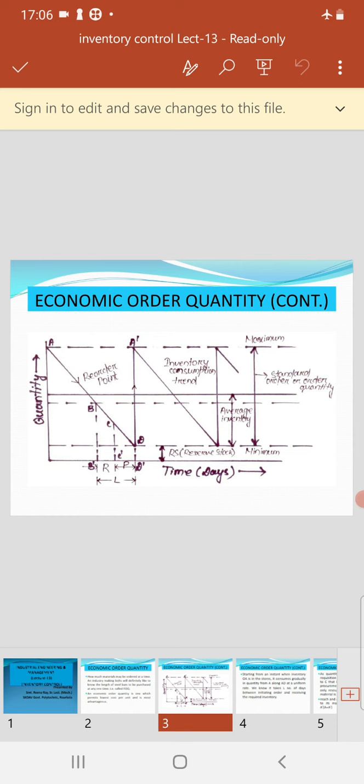So this is the graph. How many times do we have to order in a year? So we will calculate the maximum inventory we will keep, the quantity we will order in one order, and what the buffer stock or minimum stock should be.